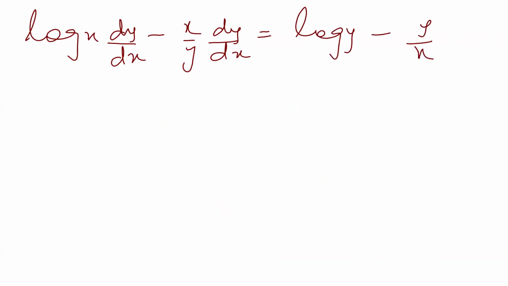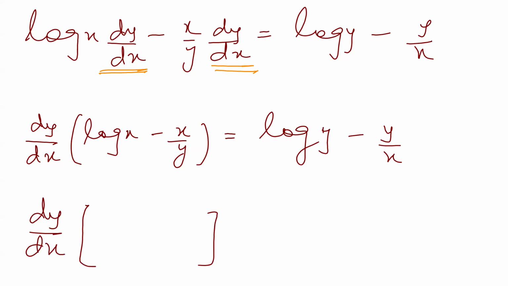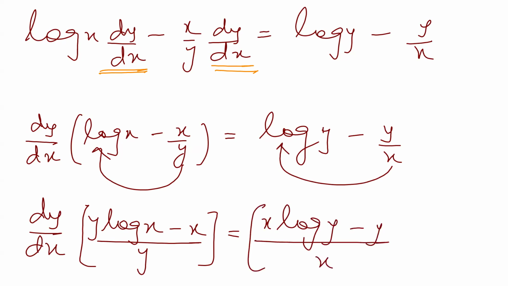Now there is something common in the terms on the left hand side, so dy by dx is common. dy by dx into log x minus x upon y equals log y minus y upon x. Then y log x minus x upon y, and x log y minus y upon x.